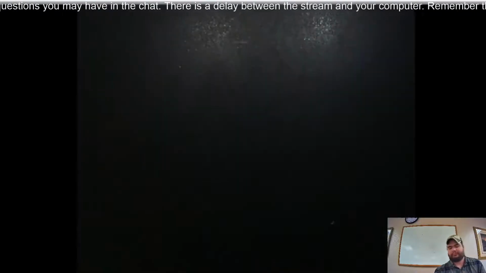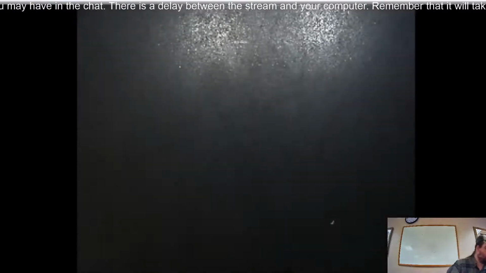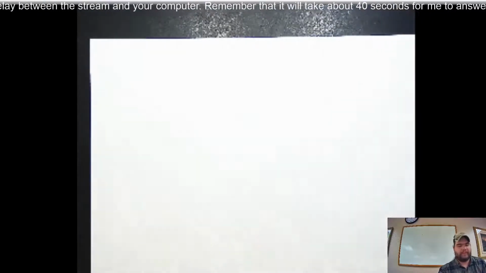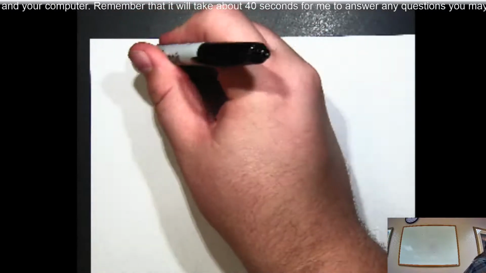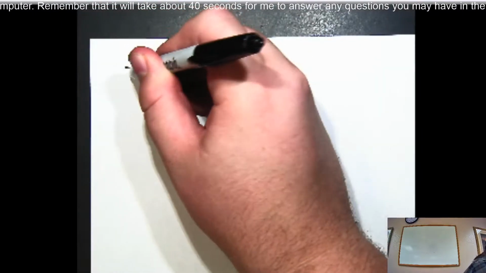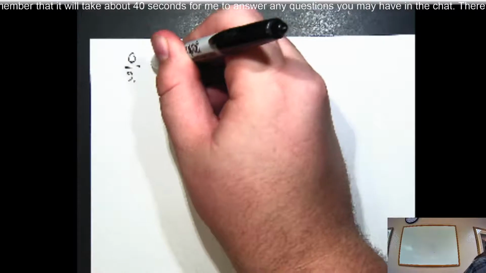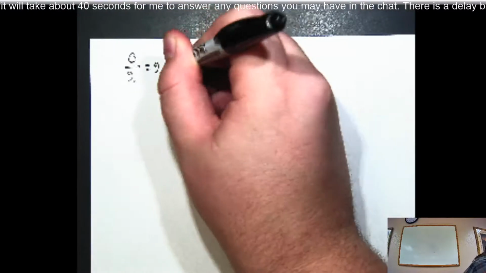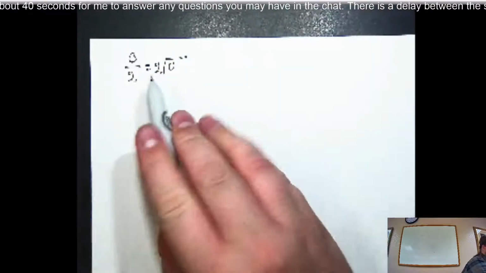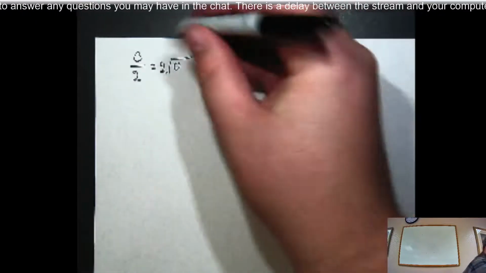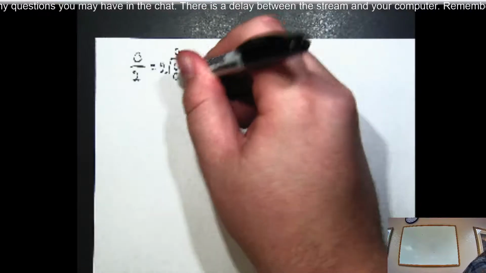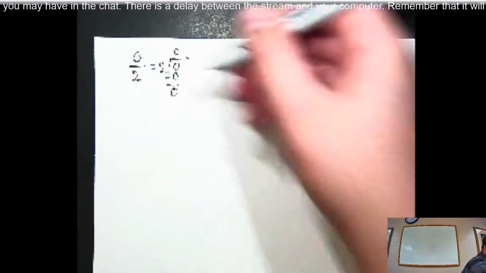So let's try another one. Different number. Let's try 2. Okay, how about what is 0 over 2? Okay, well that would be like this. How many times do we need to multiply 2 to get to 0? Well, we multiply it by 0. And we have remainder 0.